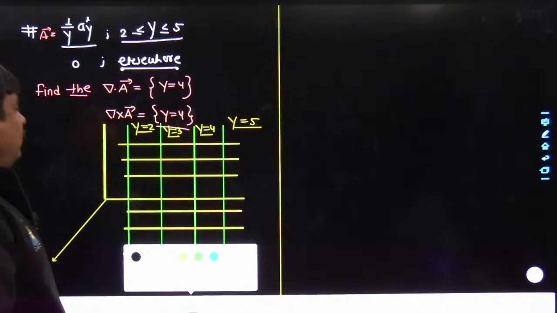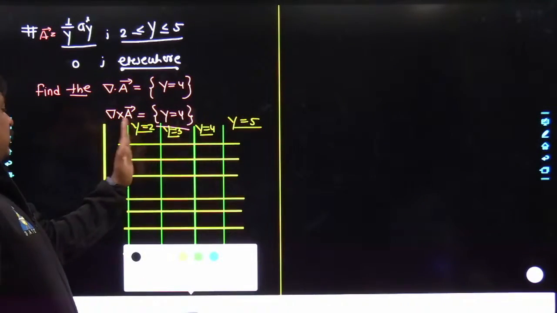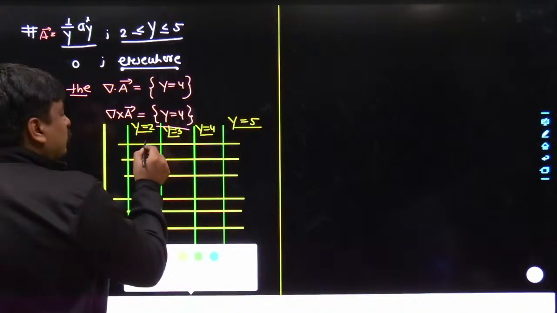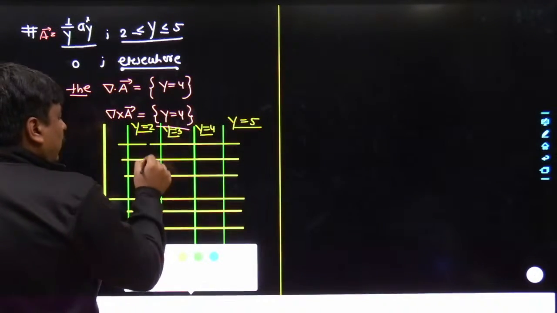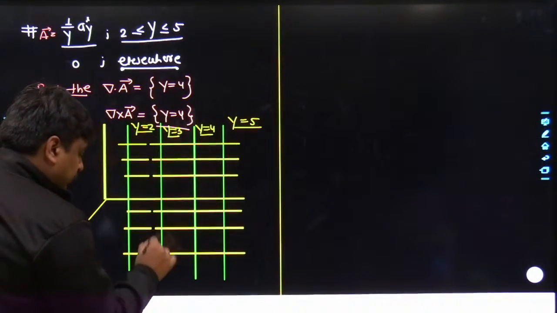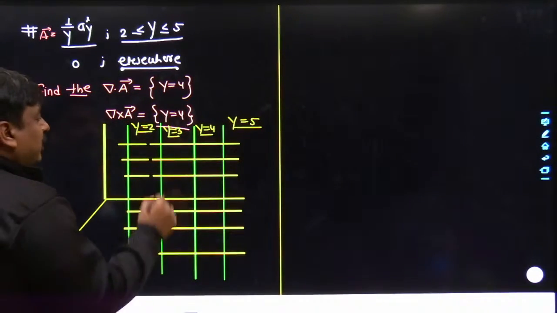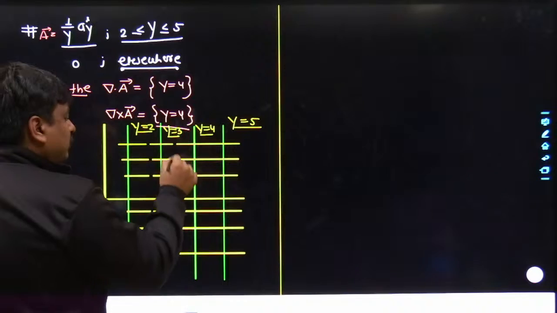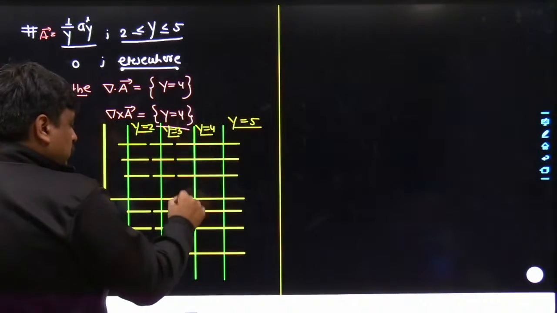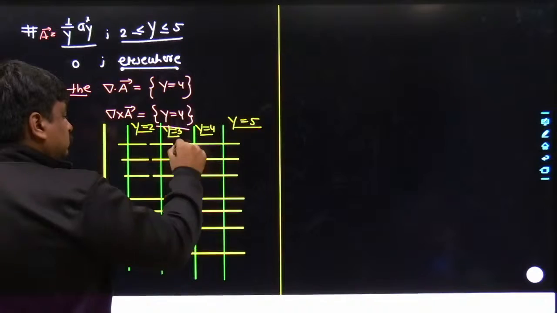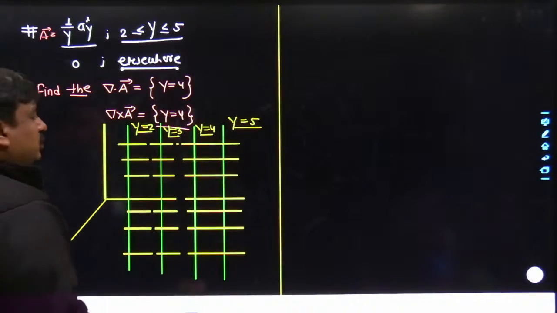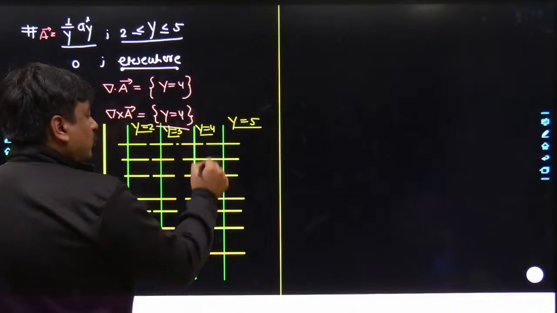You can see very well at y equals 2, anyways towards the left hand side the magnitude is simply 0, but at y equals 2 the magnitude would be highest. And as y equals 3 comes, the magnitude would become smaller. And as I go towards 4, the magnitude would become even smaller.